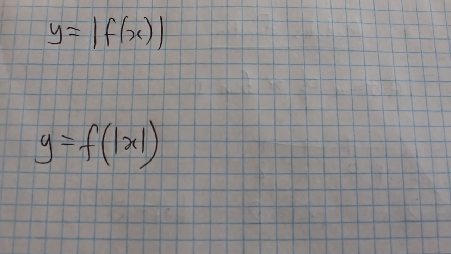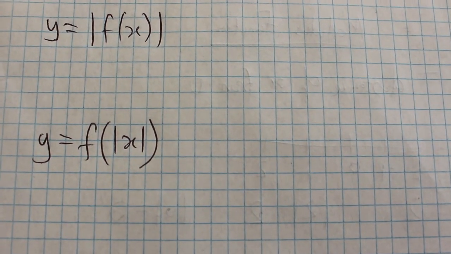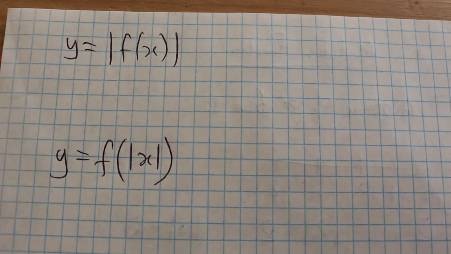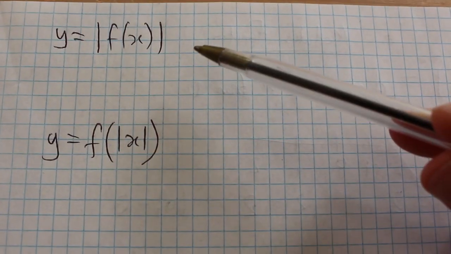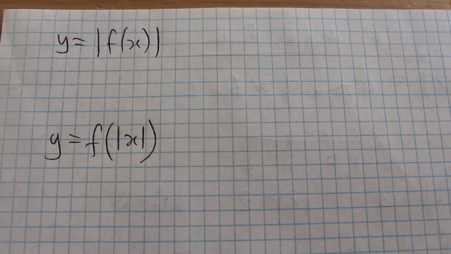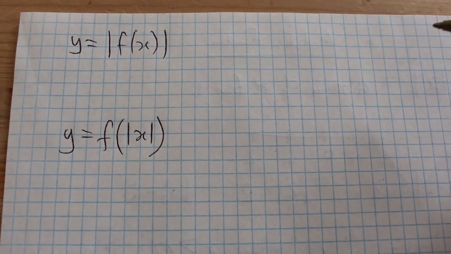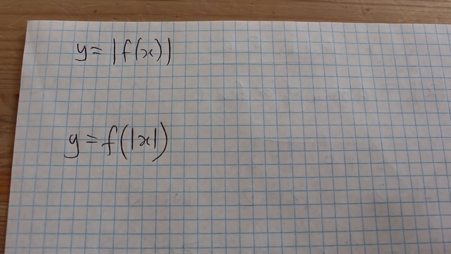Okay, so now we're going to move on to the graphs of modulus functions, more complicated modulus functions. So if we have y is equal to the modulus of f of x, we need to think about how to draw the graph. We've already seen how to do this for linear functions, if we have something like the modulus of 5x plus 1.